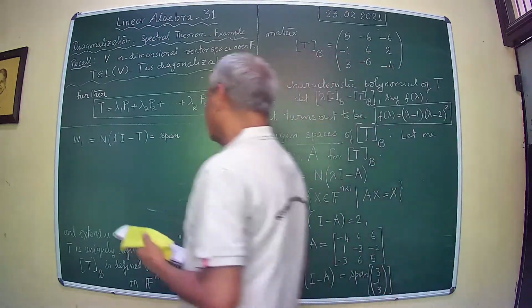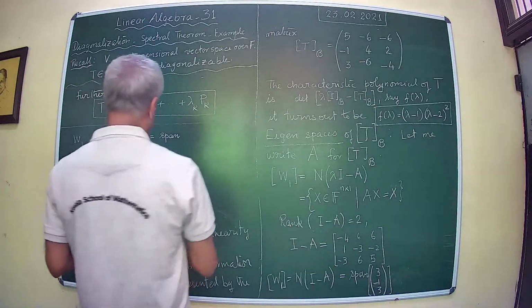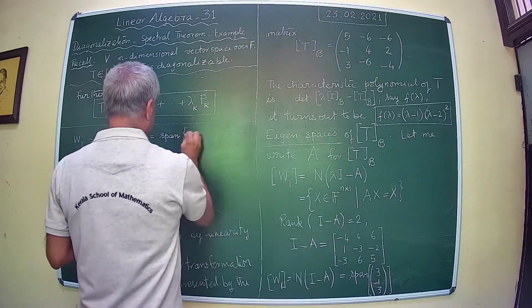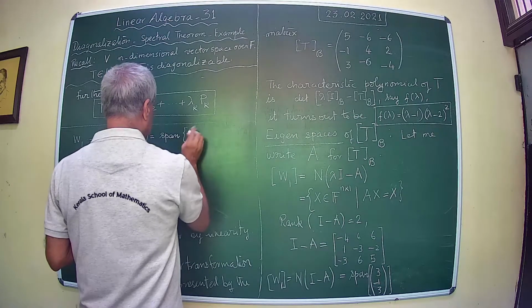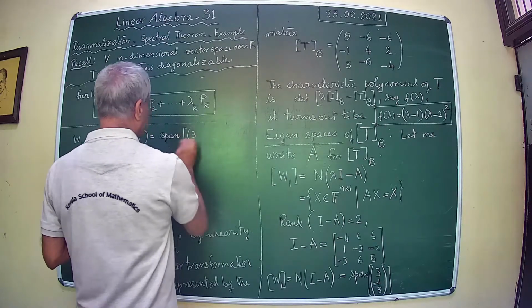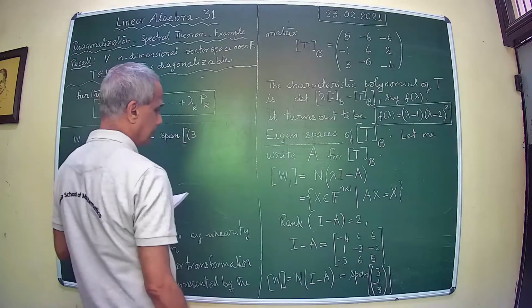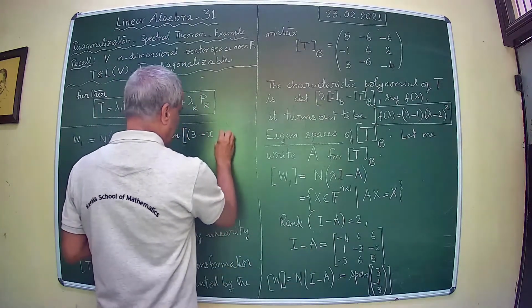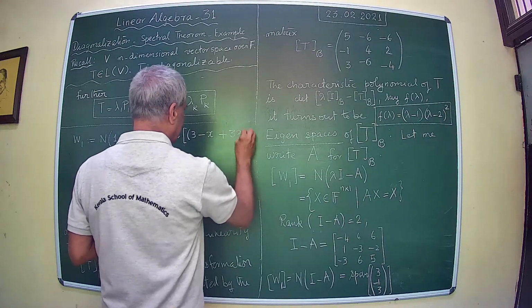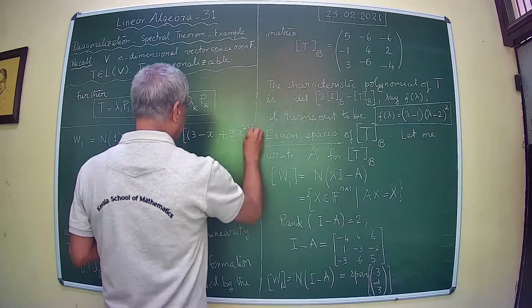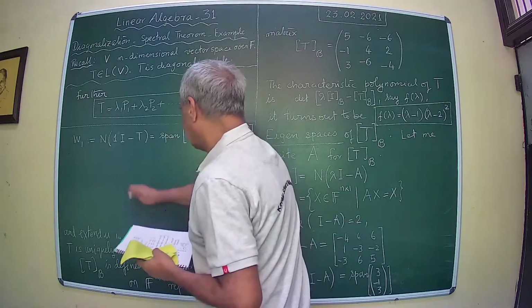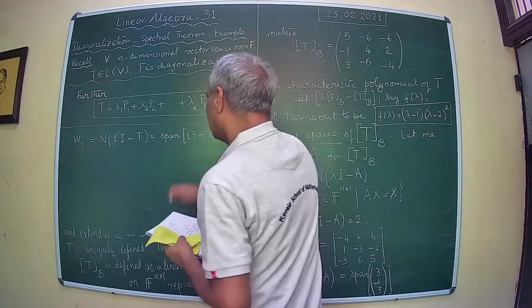Okay. Span of the polynomial 3 minus x plus x square. There is a corresponding thing that is happening in B.